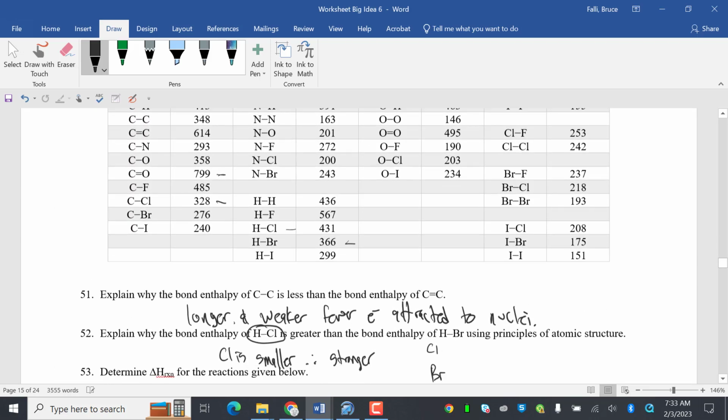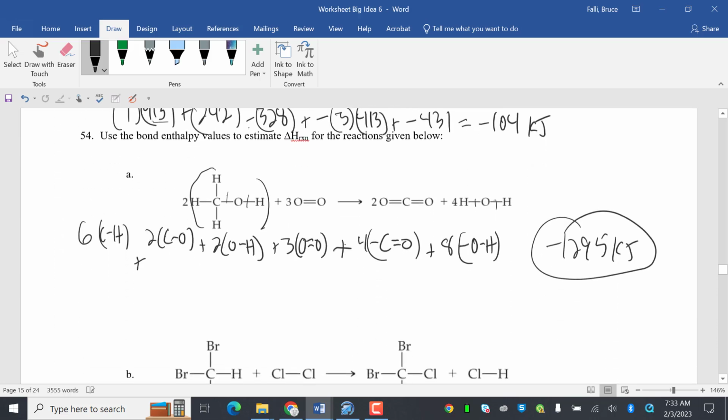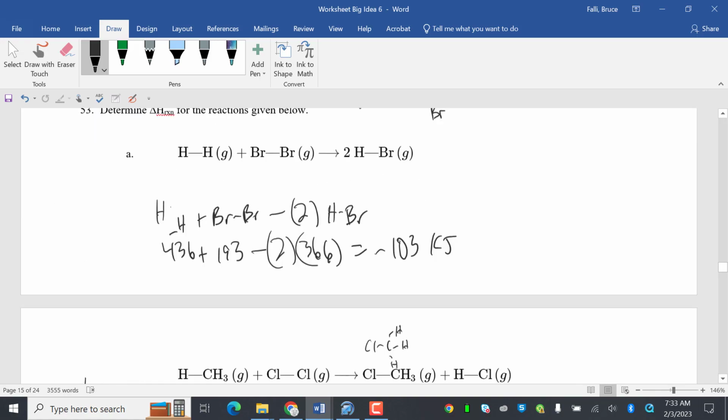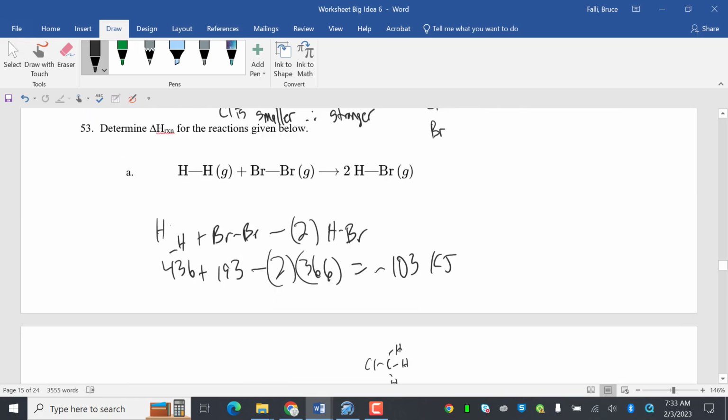C to Br is 276. So 3 times 276 plus 1 C to H, C to H, 413.